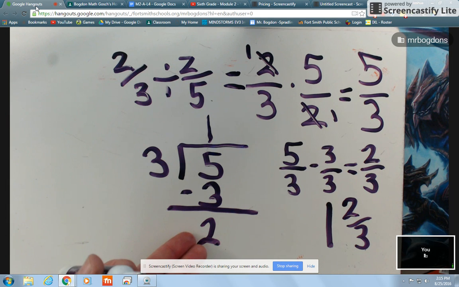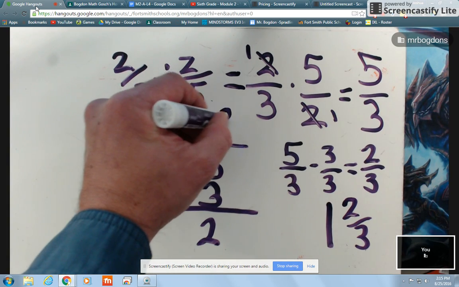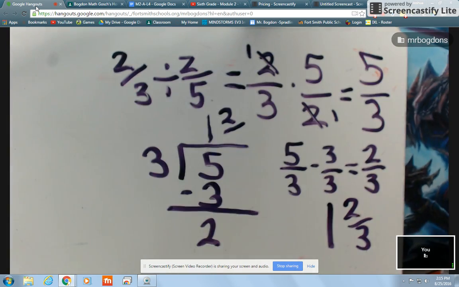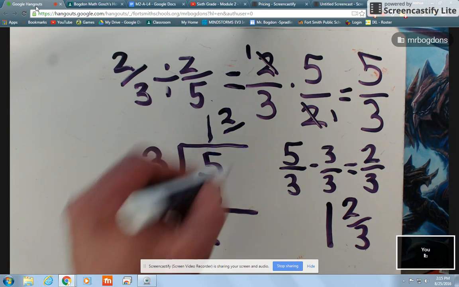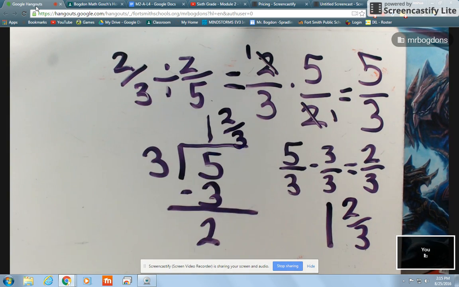My remainder needs to change form. So we put it in the numerator. What goes in the denominator? Okay. So either way I simplify, I'll end up with the same thing.